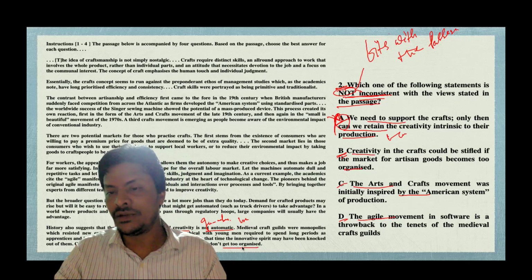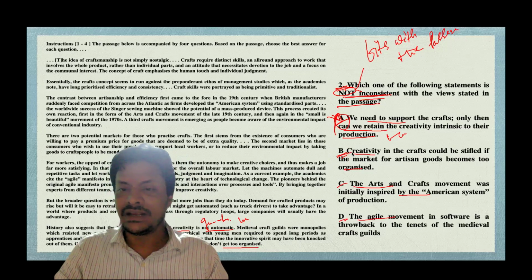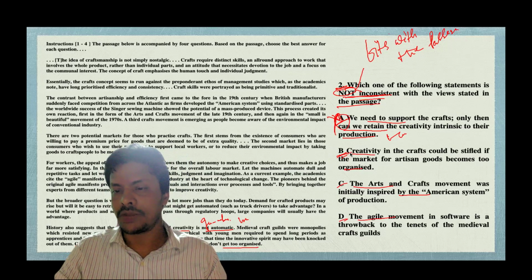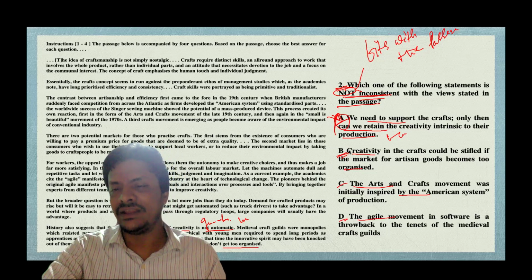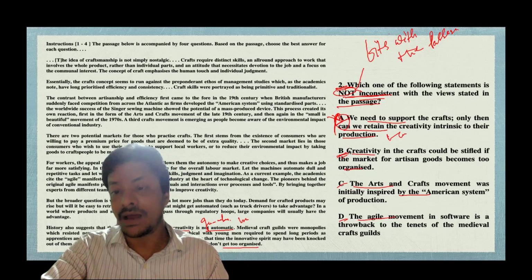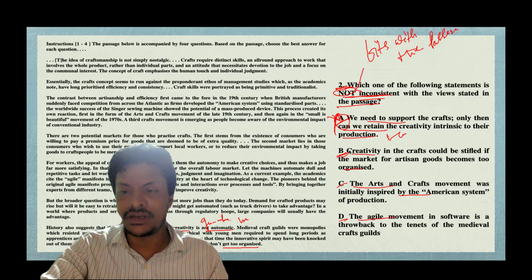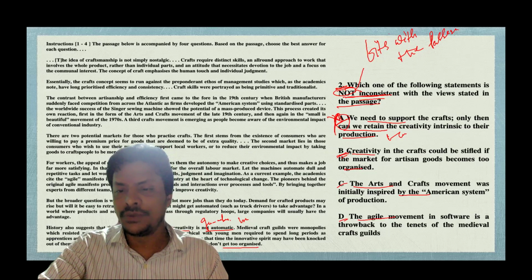So this is what we can draw, and this is what fits the text. It is stated as something which is not inconsistent. You can say that it is consistent because the idea stated is that creativity in the crafts could be stifled if the market for artisan goods becomes too organized, or if crafts become too structured or rigid, creativity could be reduced, isn't it? And that's what you would find in the last sentence. That is what we infer.